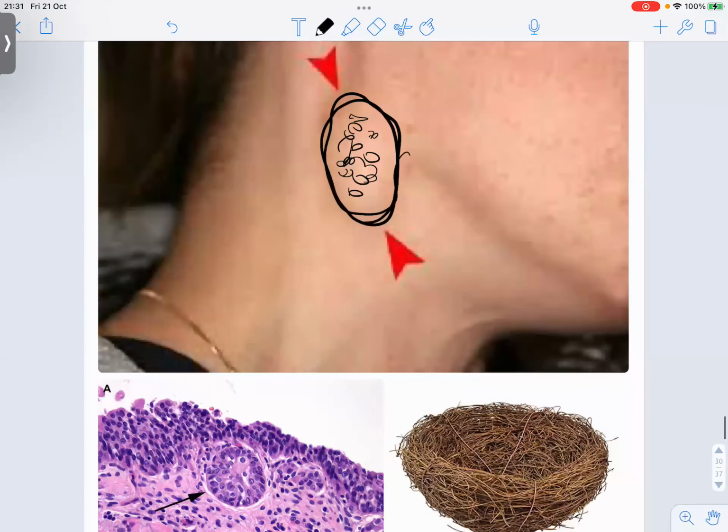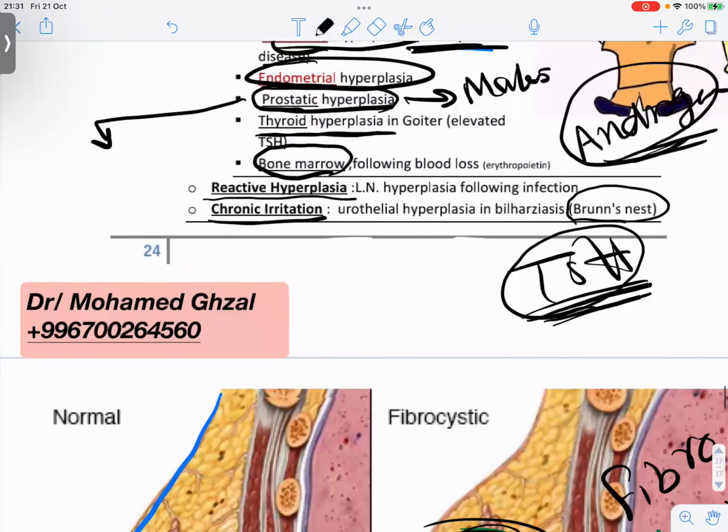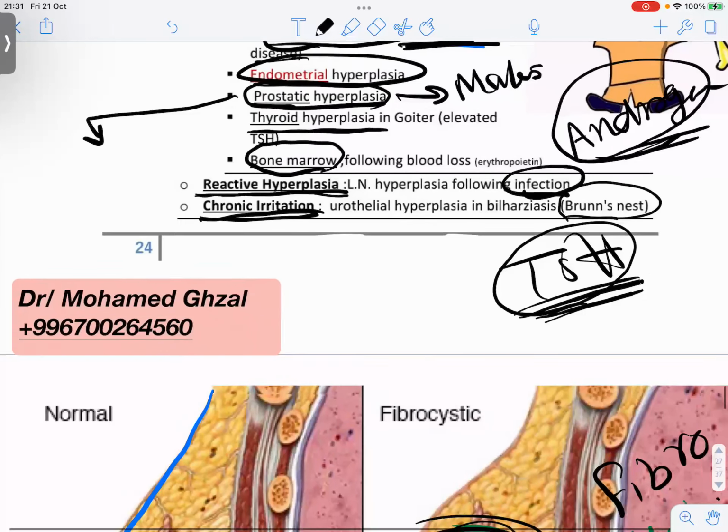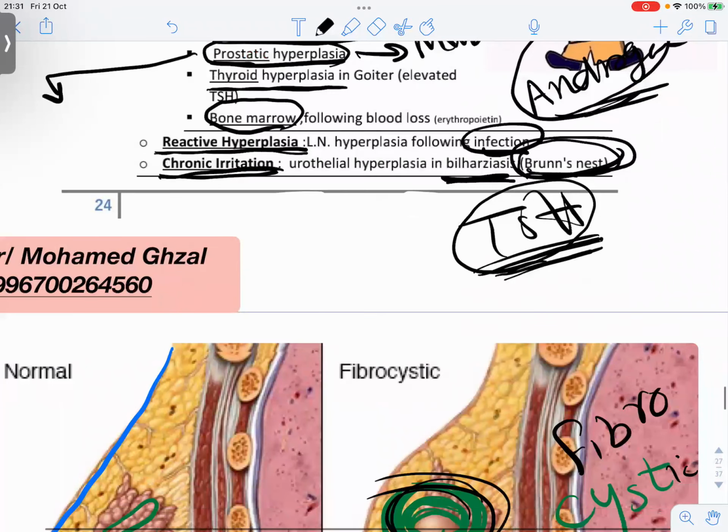Then we take another example of pathological hyperplasia: reactive hyperplasia. It occurs in the lymph node during infection. And chronic irritation occurs in the bladder due to infection with bilharziasis and forms Brunn's nests.